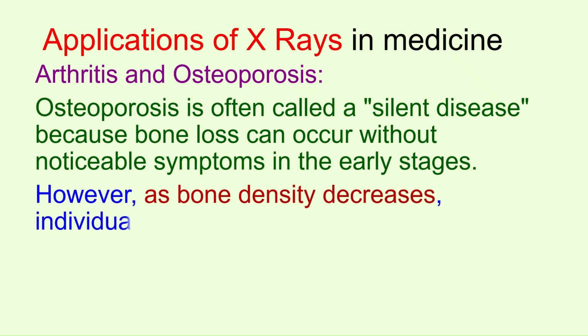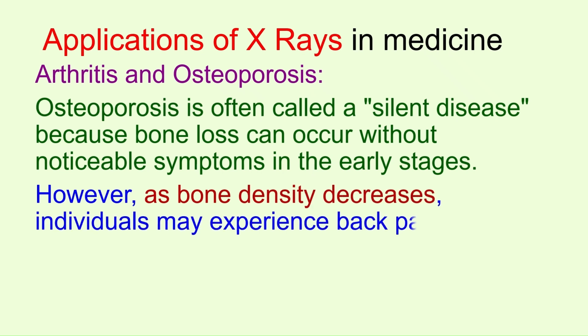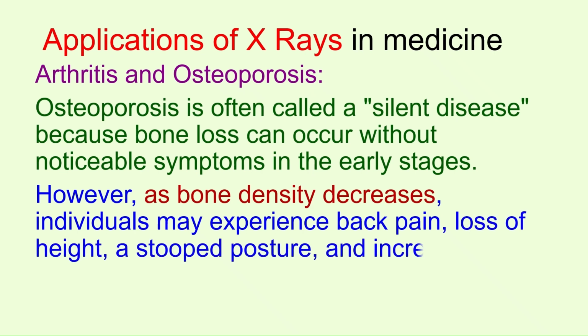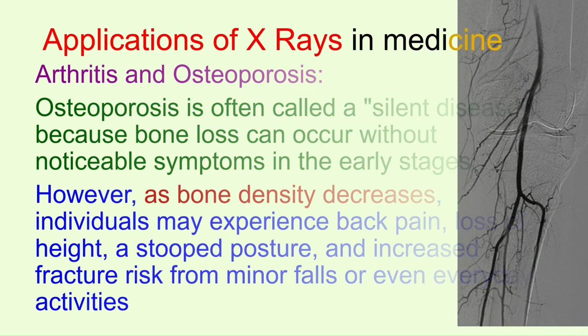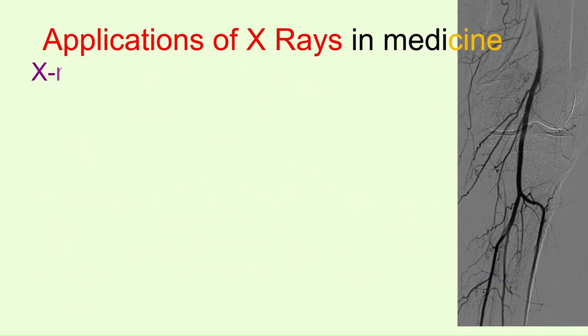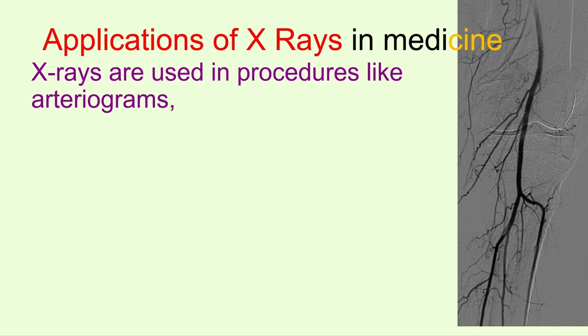However, as bone density decreases, individuals may experience back pain, loss of height, a stooped posture, and increased fracture risk from minor falls or even everyday activities. X-rays are used in procedures like arteriograms.